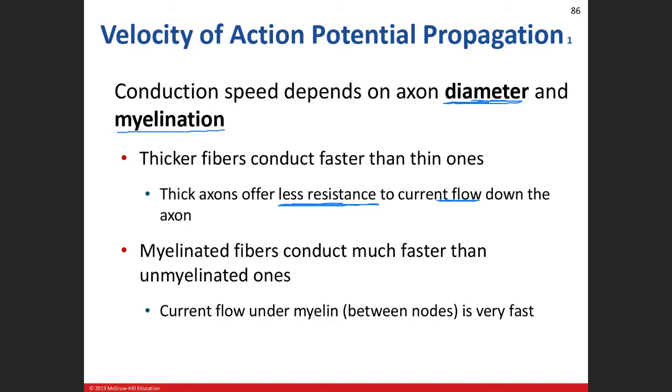So keep in mind, if you are myelinated, our signal will jump, not literally jump, but it moves faster between the nodes of Ranvier compared to that continuous sequential opening of those voltage-gated channels. So myelination and diameter will affect the conduction speeds of an axon.